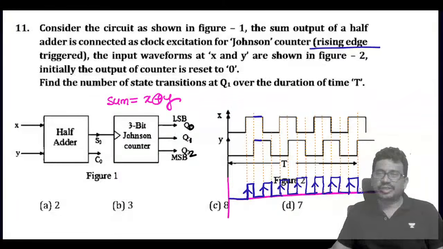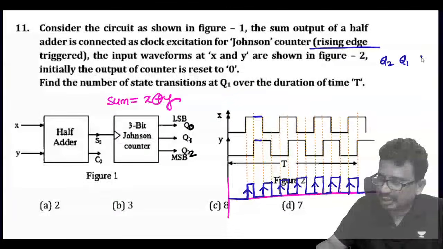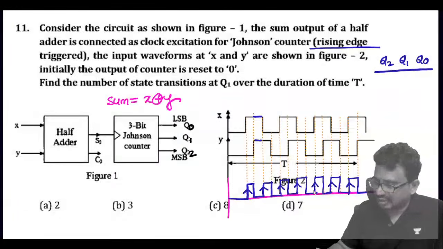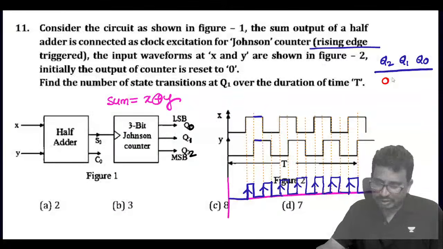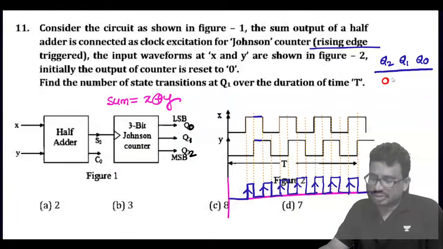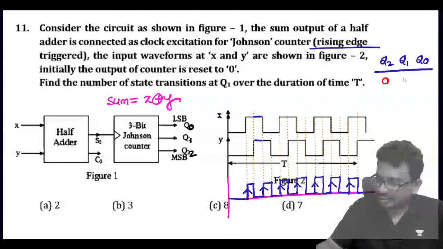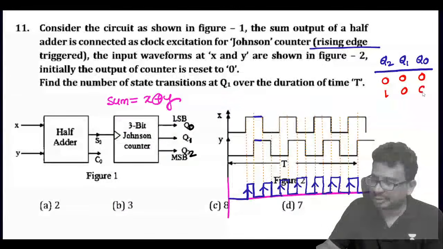They ask for the number of state transitions. 7 clocks are there, and this is Q2, this is Q1, and that is Q0. Transition means number of changes. Initially, this is a Johnson counter, so all the states are zeros: 0, 0, 0. Next it will come as 1, 0, 0.